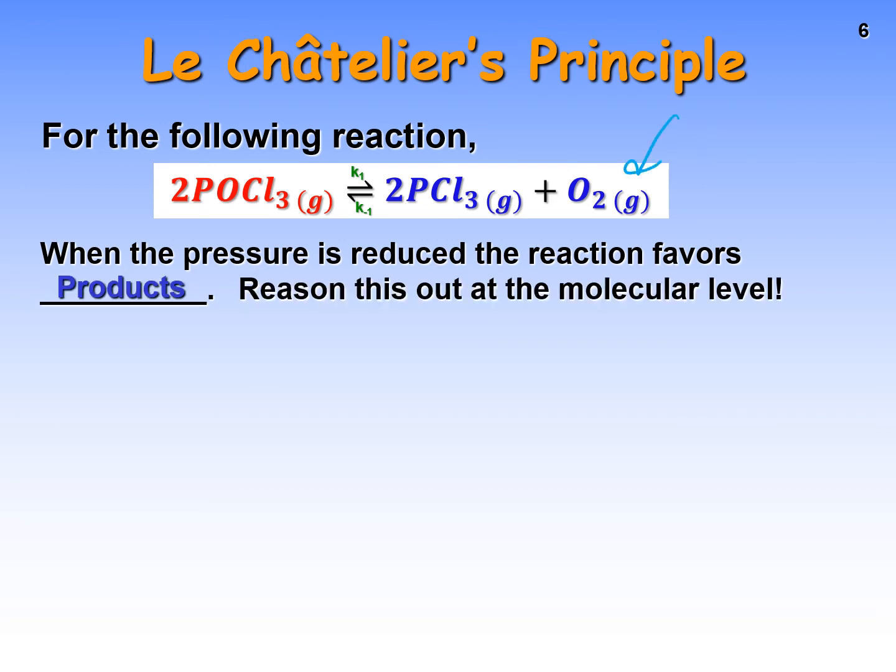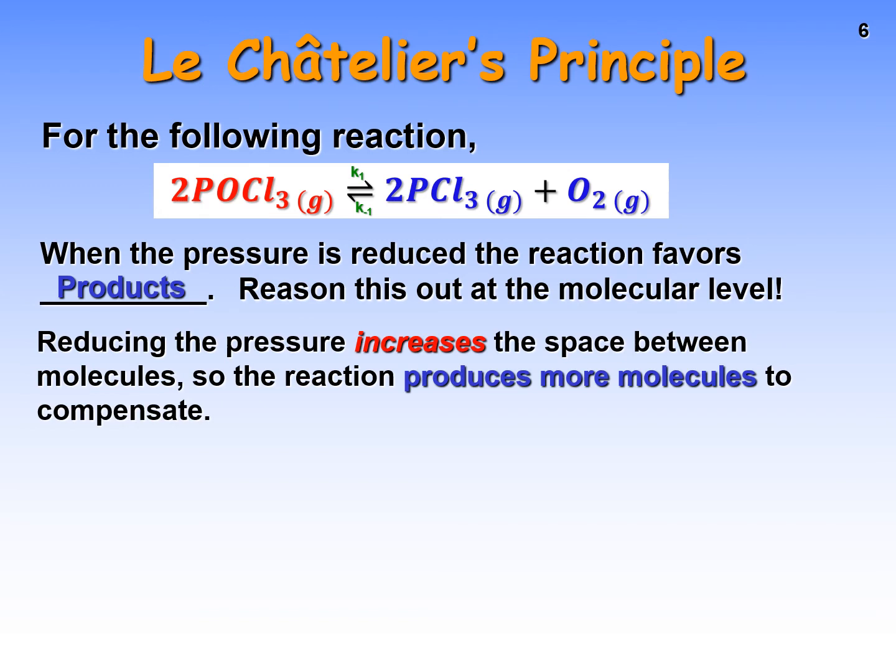Let's think about why. When we change the pressure in a container, we're not changing an individual pressure of any one component in this reaction, we're changing all the pressures of every component in the reaction. And that's going to have some interesting effects, right?